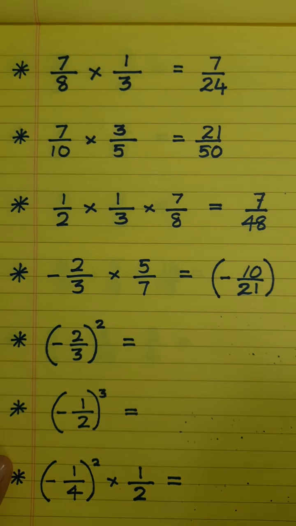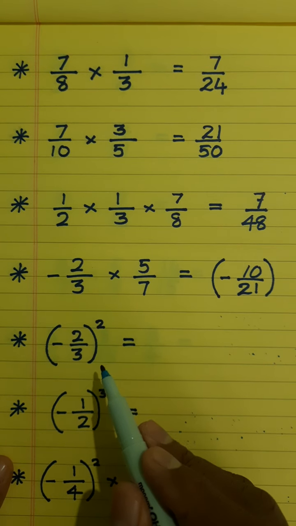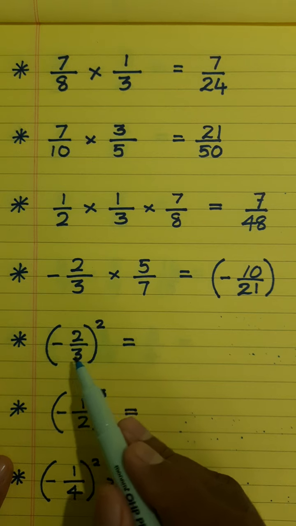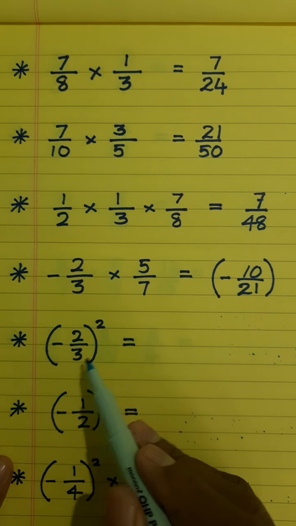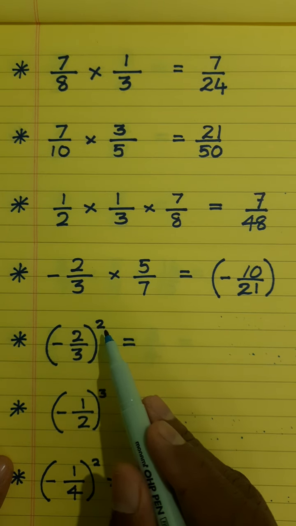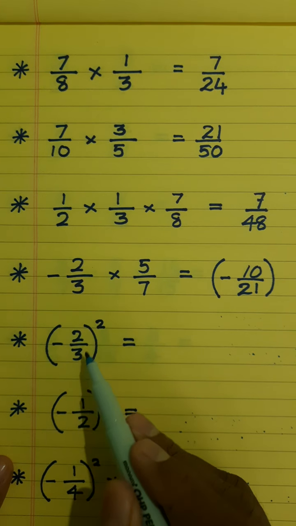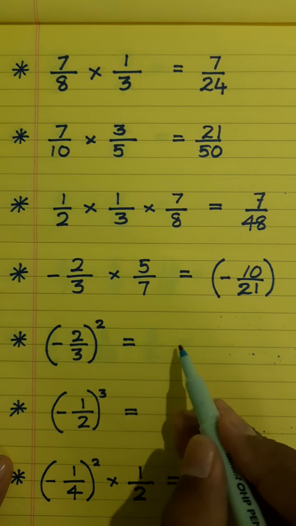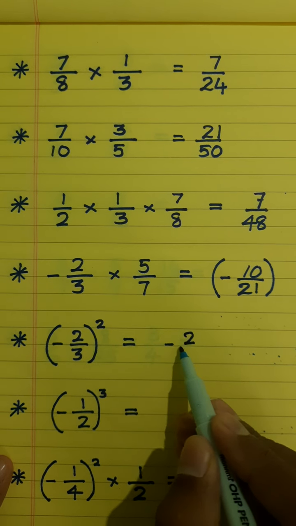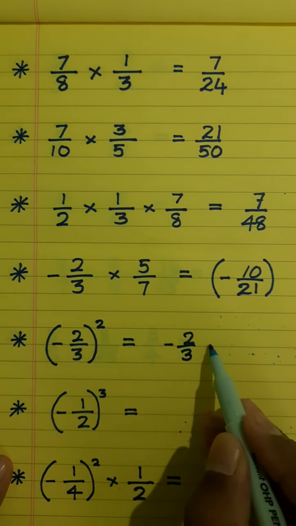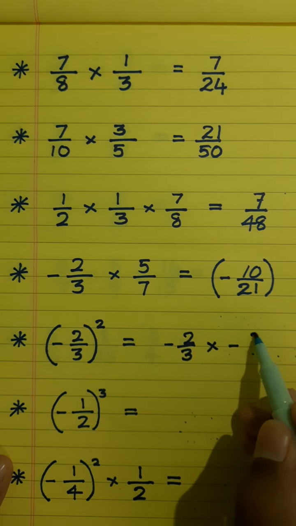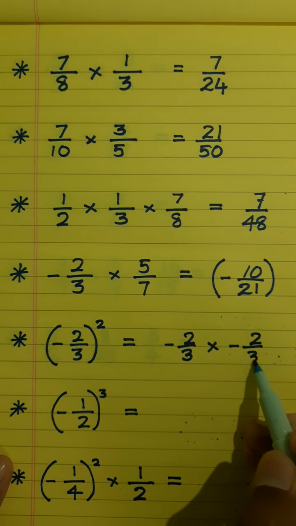If you are given a fraction in index form and you want to find the value, minus 2 over 3 to the power of 2. The index is 2. It means you have to multiply this number by itself. So minus 2 over 3 multiplied by minus 2 over 3.